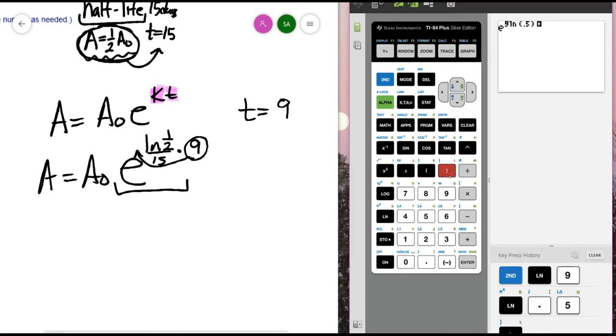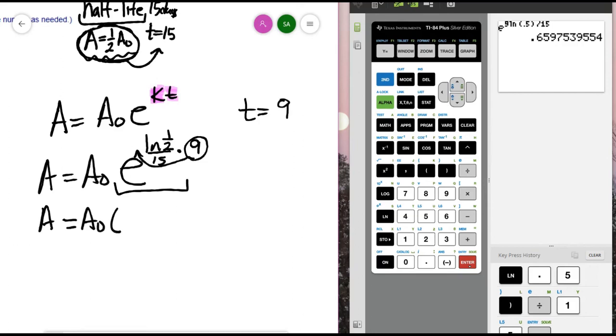Close parentheses for the log, and I'm going to divide by 15. So that gives me A equals A naught times 0.6597.